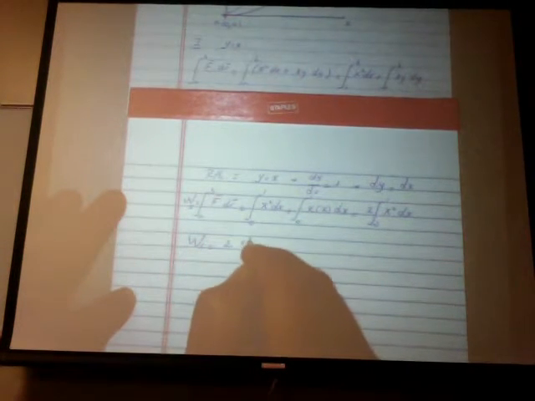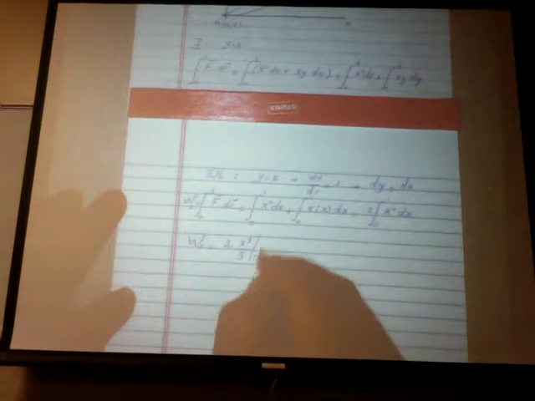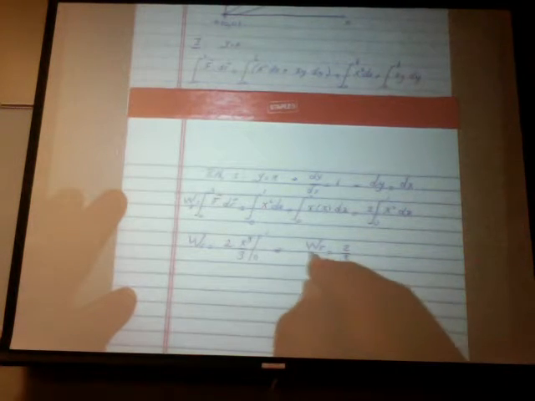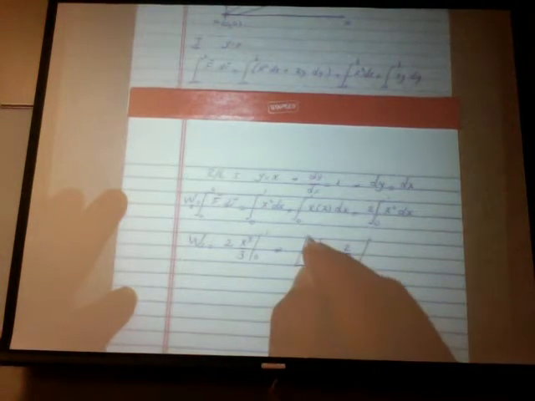So this is equal to the integral from 0 to 1 of twice x squared dx. So the work through path 1 will be equal to 2x cubed over 3 between 0 and 1, and therefore the work through path 1 is equal to 2/3. Whatever units those are.